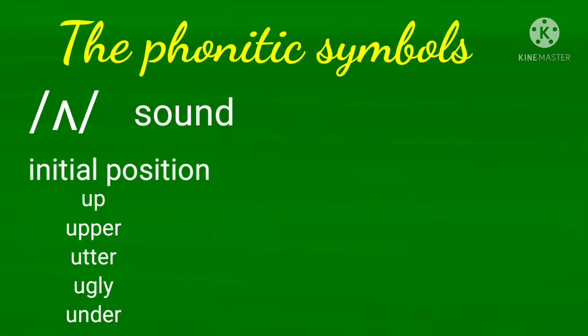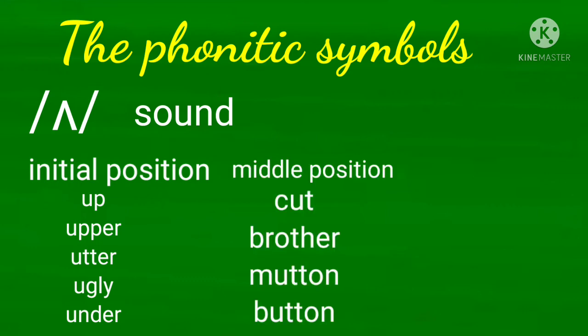Up, upper, utter, ugly, under, etc. In the middle position, cut, brother, mutton, button, and so on. This sound never comes in the final position. In other words, there is no word ending in this sound.